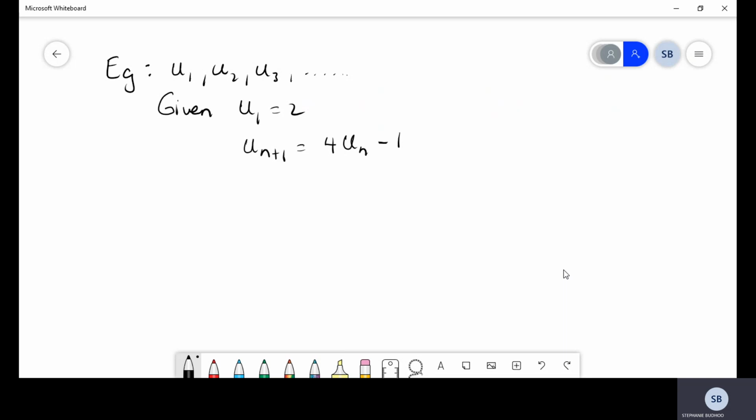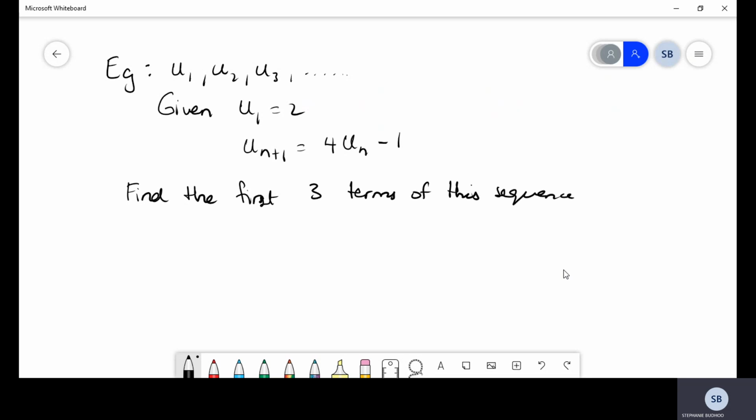What if instead of finding U n, they asked: find the first 3 terms of this sequence.